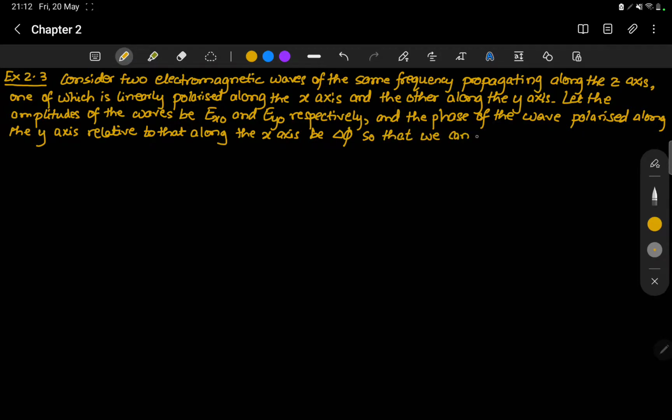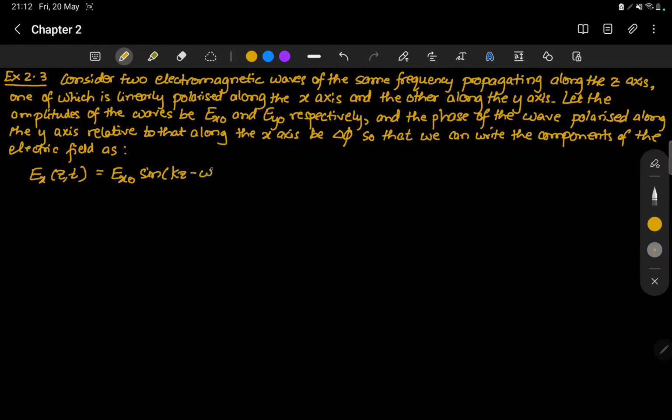we can write the components of the electric field as Ex(z,t) = Ex0 sin(kz - omega t), Ey(z,t) = Ey0 sin(kz - omega t + delta phi).